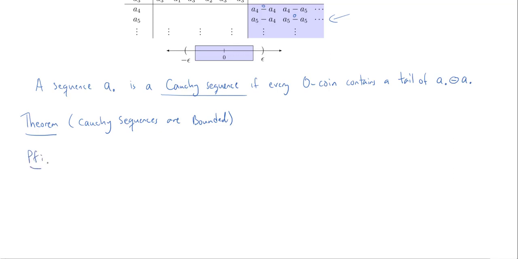So let's say I have a Cauchy sequence, right? So let A be a Cauchy sequence. So I know that every 0 coin contains a tail of the 2D difference of A with itself. Fine. If it works for every 0 coin, then certainly it works for the 0 coin of radius 1.